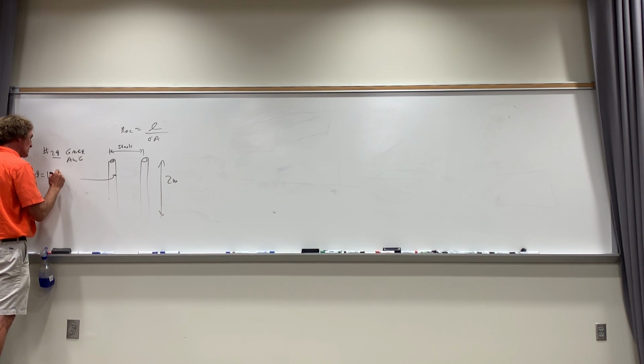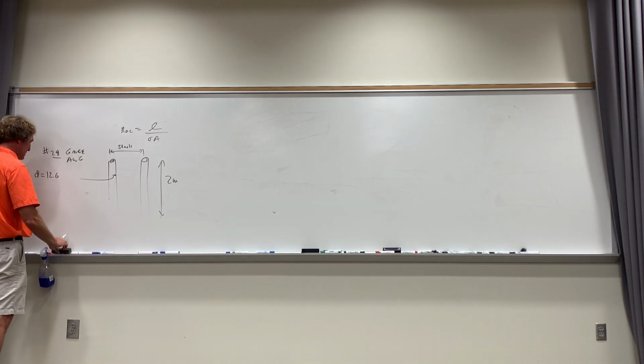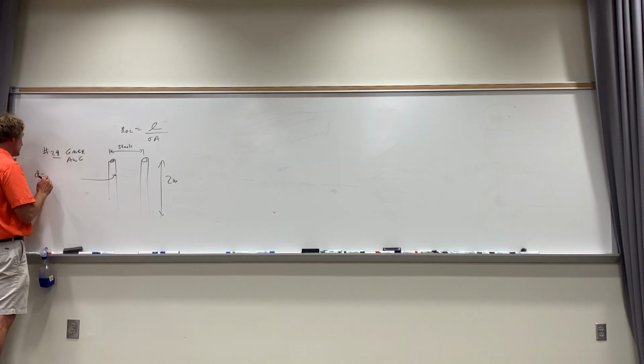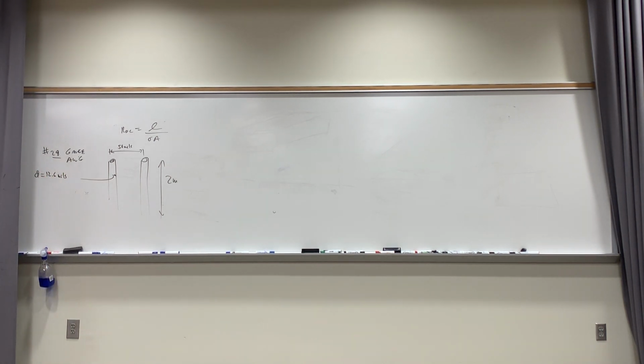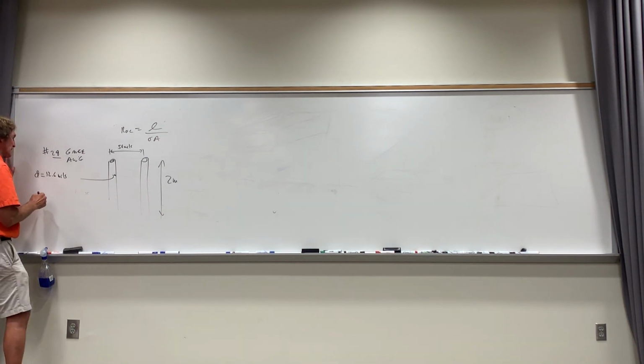12.6, and this is solid wire. That's the diameter in mils. I multiply that by 25.4 to get it in microns, and then divide by 2.